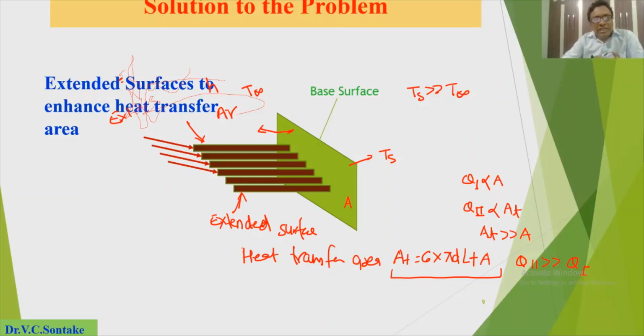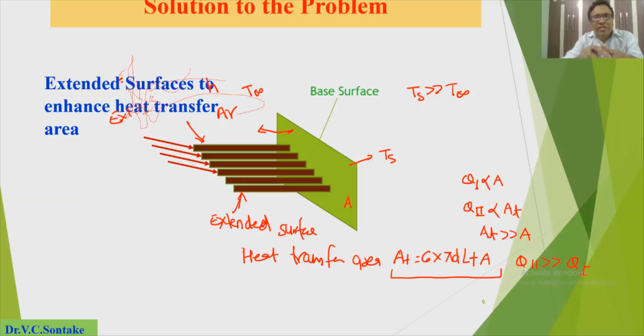Now these extended surfaces are also called fins. The word fin is derived from the fins of the fish. The fins of the fish are used to help it swim, whereas fins attached to the base surface are used to enhance the heat transfer.